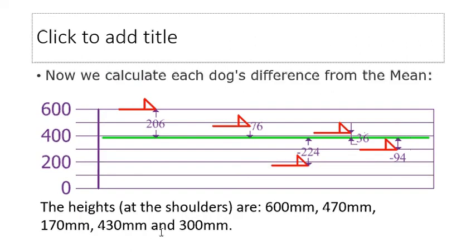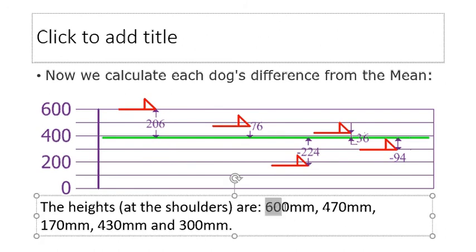To compute the variance, we have to determine the difference between each height and the computed average height of the dogs. From 600 millimeters, the height of the dog is 600 millimeters and the average is 394, so the difference is 206.